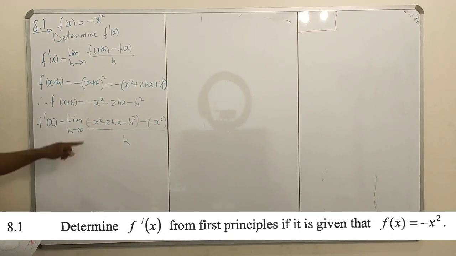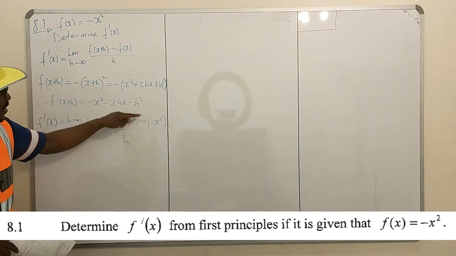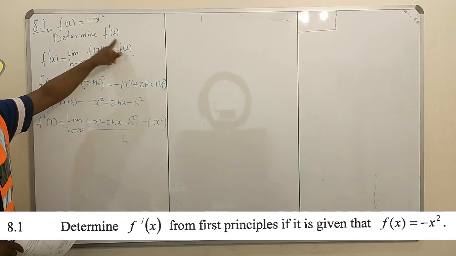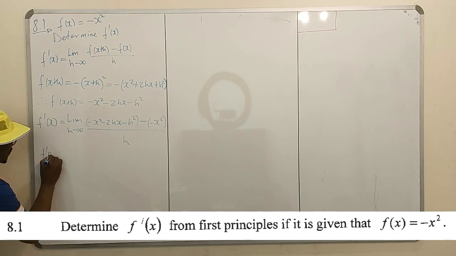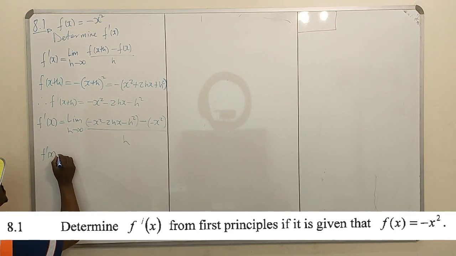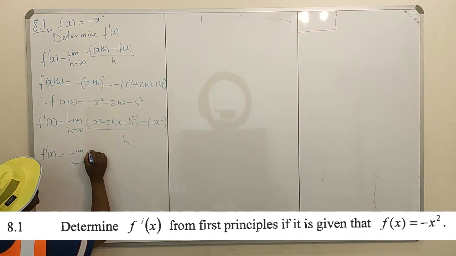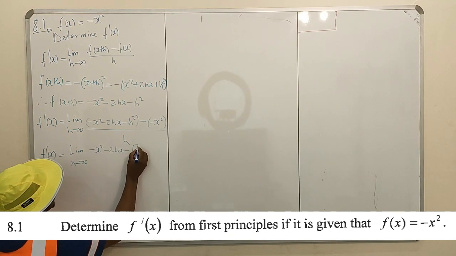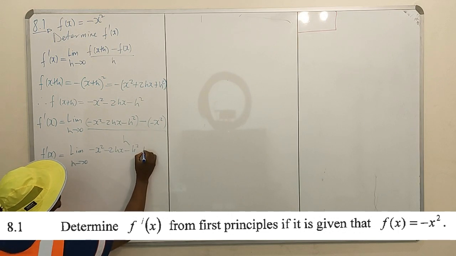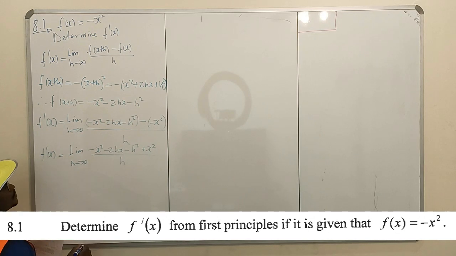So it's clear from here. This part is this, and this part is that. So I'm taking my limit, right? So f prime at x is equal to the limit as h goes to 0 of negative x squared minus 2hx minus h squared, plus x squared, all divided by h.